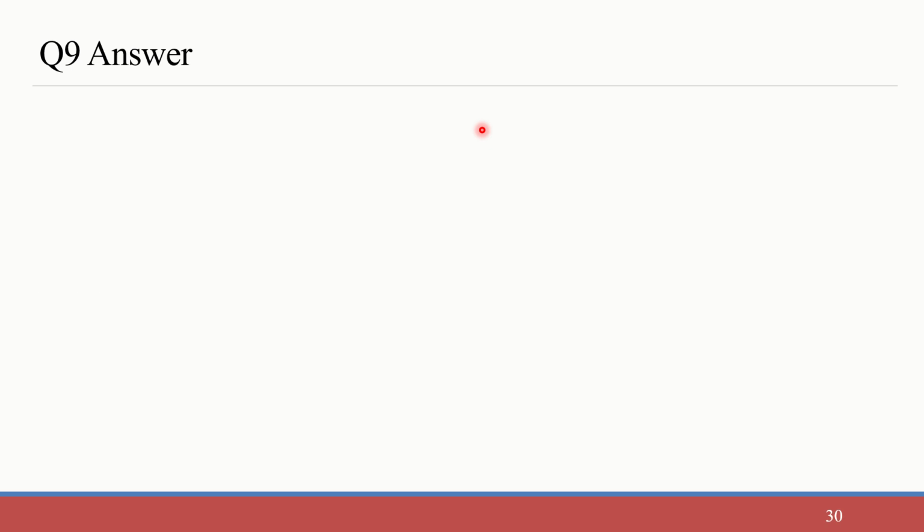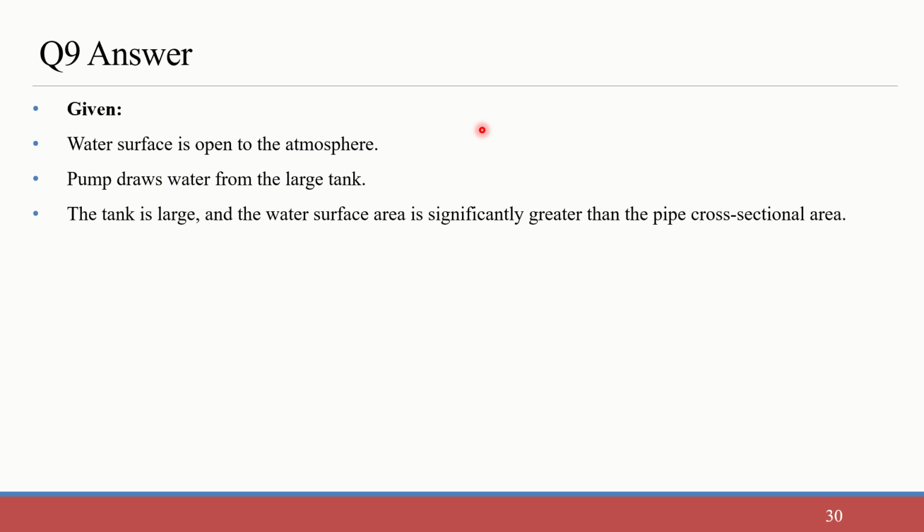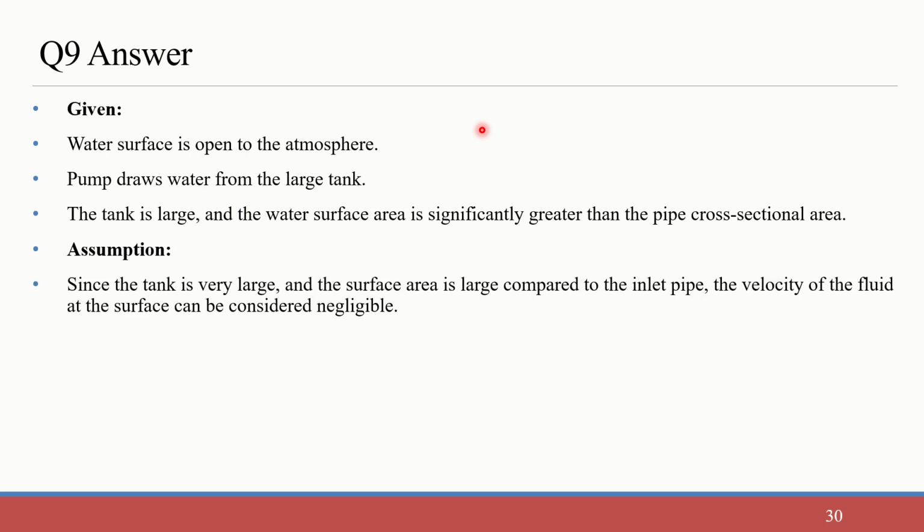To have more idea behind why it is 0, we will see a quick explanation. What is given? The water surface is open to the atmosphere. The pump draws water from the large tank. The tank is large and the water surface area is generally greater than the pipe cross sectional area. So we are making one assumption.